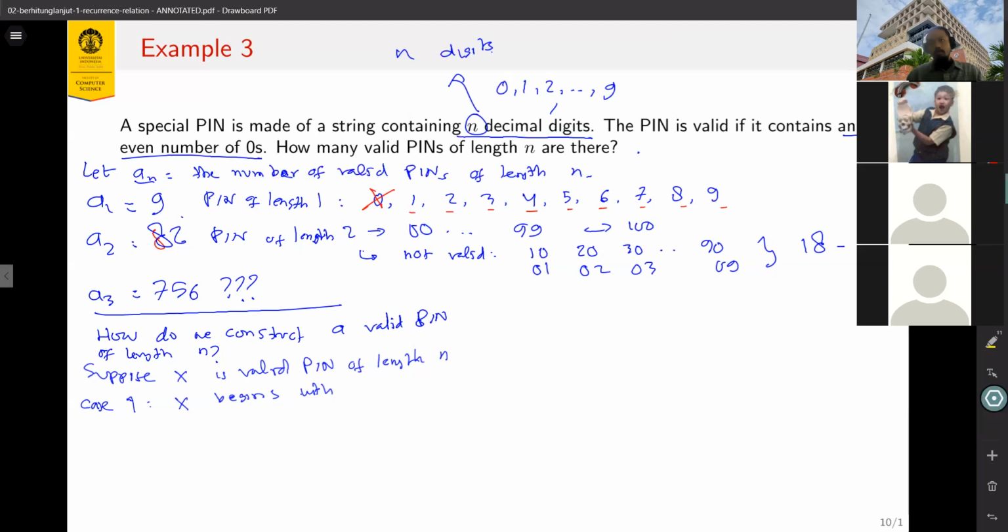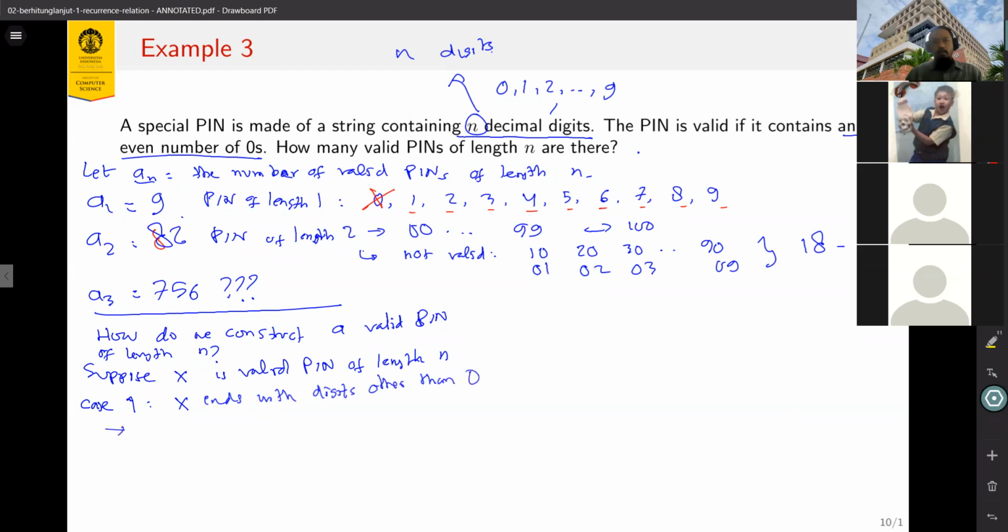I think this is easier. Let's start with the end. X ends with a digit other than 0.